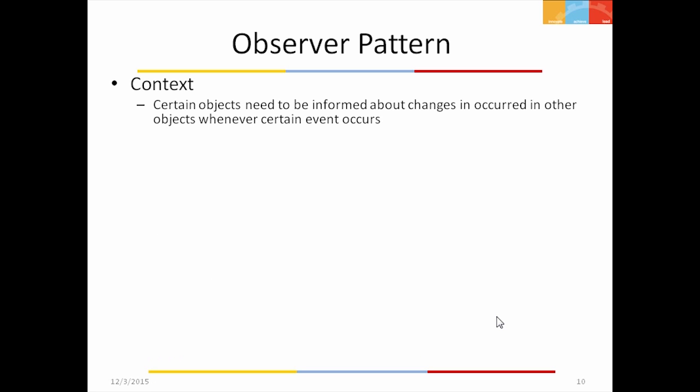So the context here is that certain objects or entities need to be informed about different changes that are occurring in other parts of the system, and with respect to those changes certain events are getting generated. So some objects need to know those events, and through that event these objects should know that certain changes have happened.